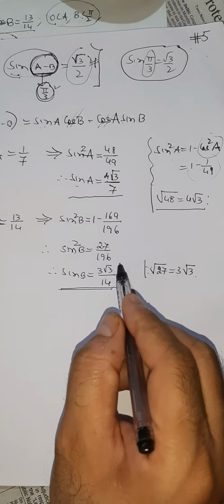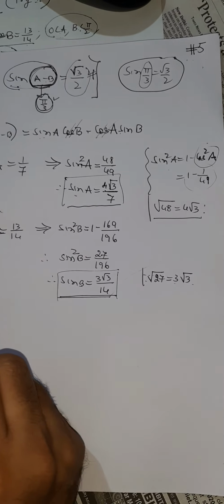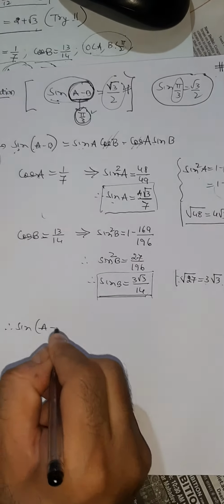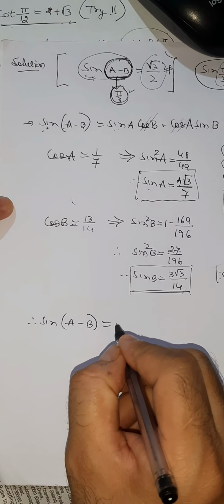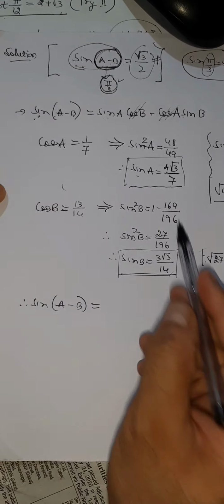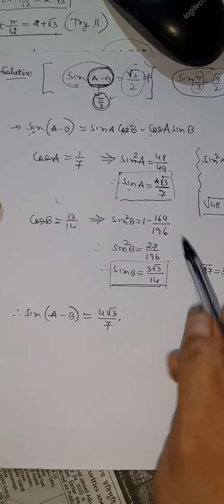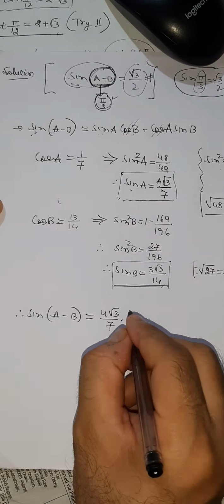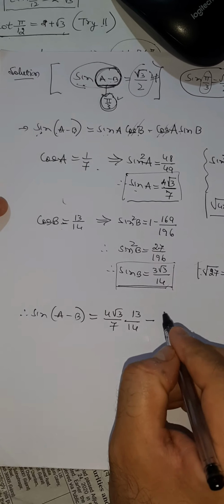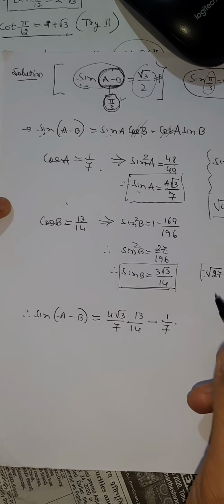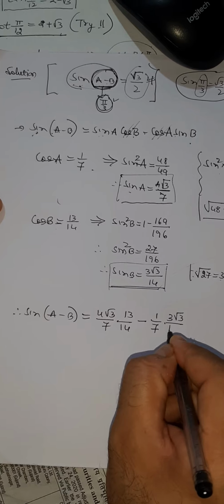Okay, now we put all these values, 1, 2, 3 and 4, on the left hand side. So sine of A minus B equals sine A, which is 4 root 3 by 7, into cos B, which is 13 by 14, minus cos A, which is 1 by 7, and sine B, which is 3 root 3 by 14.